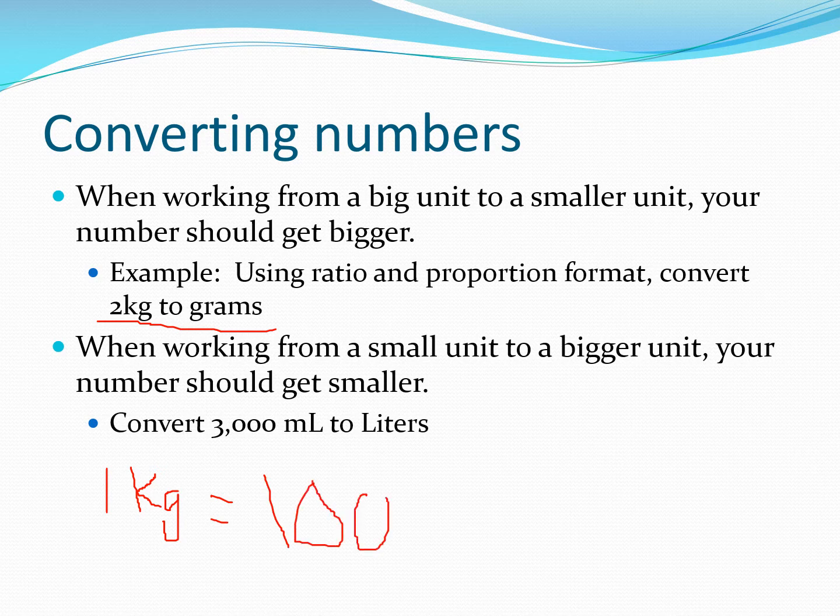So we have 1 kilo equals 1,000 grams. That's why I'm saying you're going to a smaller unit, but the number is going to get bigger. So when you go for 2 kilograms, obviously you're going to double this. So 2 kilos are going to be 2,000 grams.